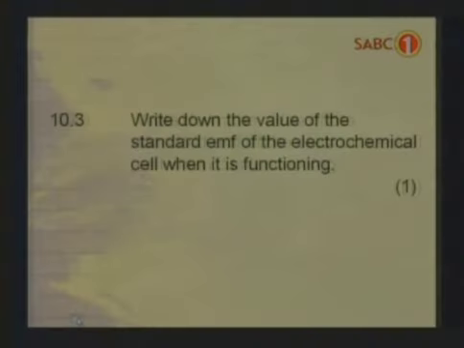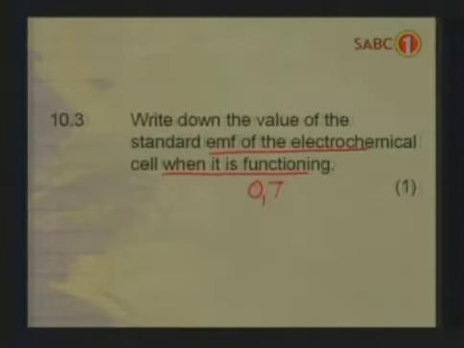Right, let's move on. Write down the value of the standard EMF of this electrochemical cell when it's functioning. Now, to do that, you're going to use your table. I prefer to use table 4B. And you're going to see that the standard hydrogen cell, of course, has a standard reduction potential of 0.